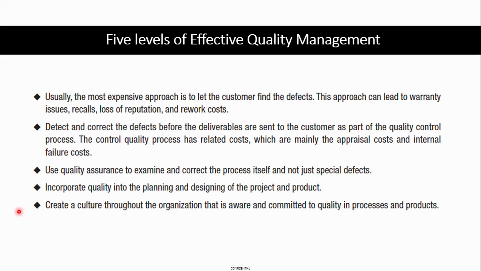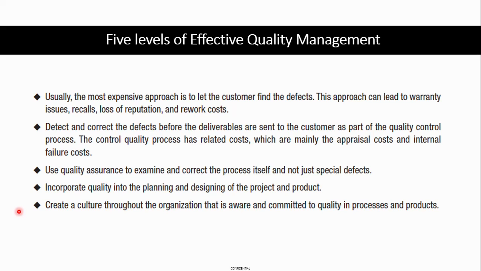So creating a culture throughout the organization where everybody in the project, everybody in the organization is aware that you have to conform to quality, and you get committed, then automatically it will be incorporated into your design and your plan, because everybody is aware that they have to maintain the quality of whatever they do.